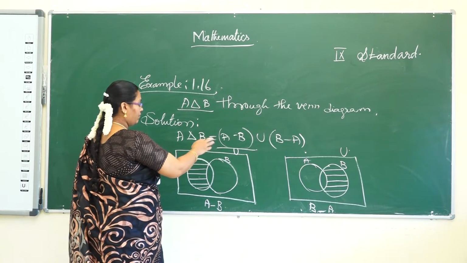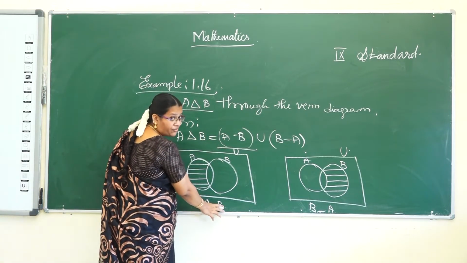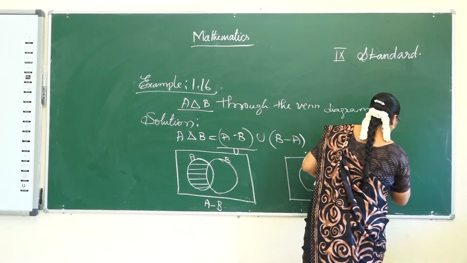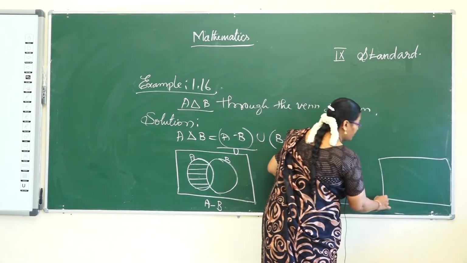Now join all the elements of A difference B and B difference A. That is, we get the symmetric difference of two sets.